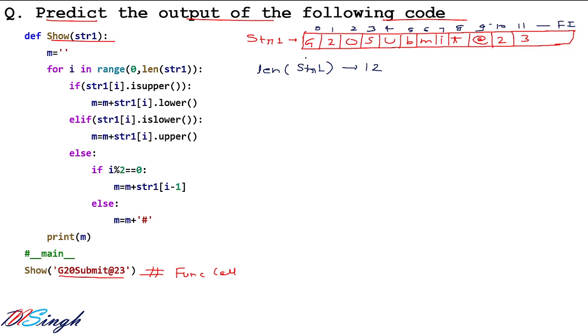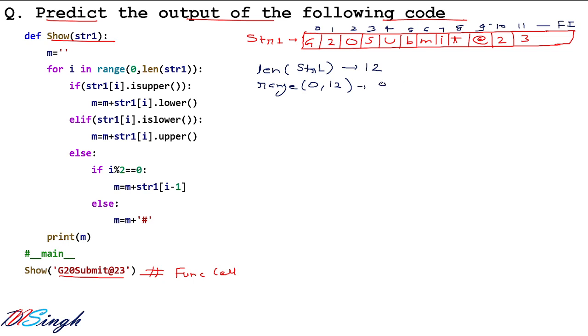Once we have done this, let me see what this range function will generate. So range function start value will be 0, and what is the length of str1? 12. So stop value is not included while generating the numbers from the range.